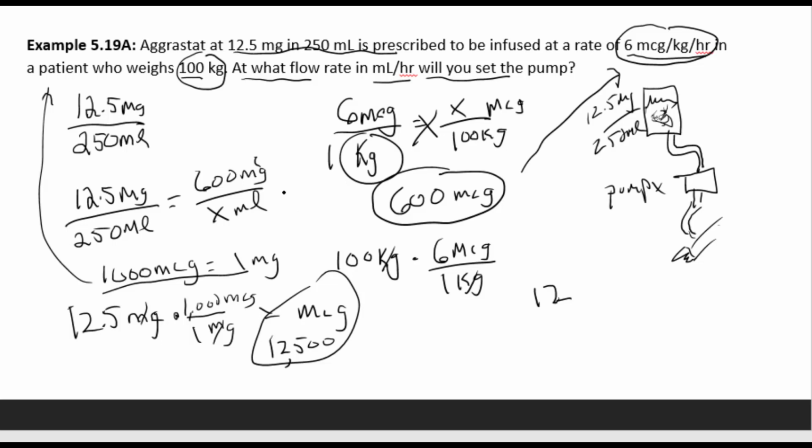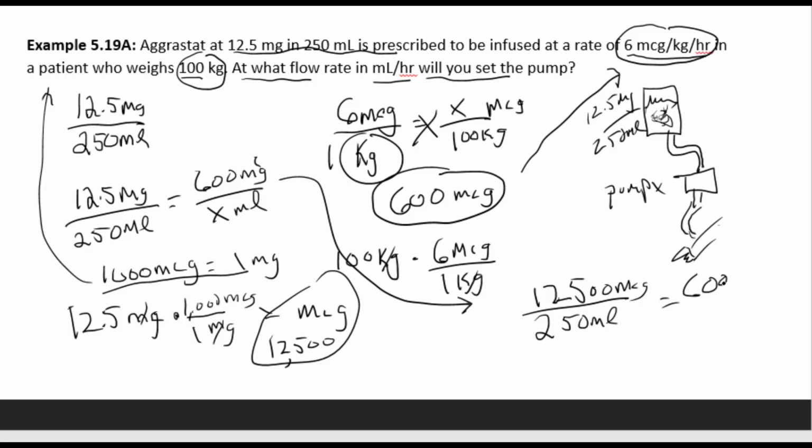So I'm going to rewrite my portion here. 12,500 micrograms per every 250 milliliters equals 600 micrograms for every X milliliters. And I'm going to cross multiply and divide, and you can do that on your own.